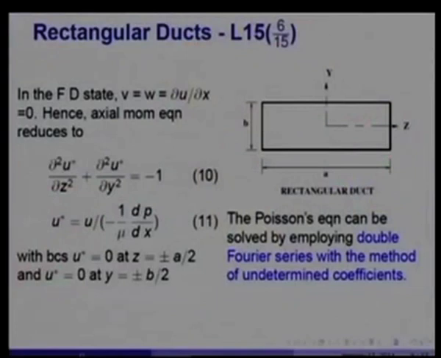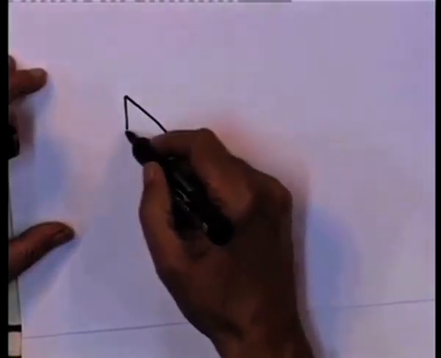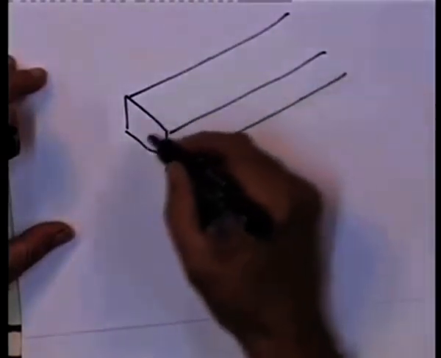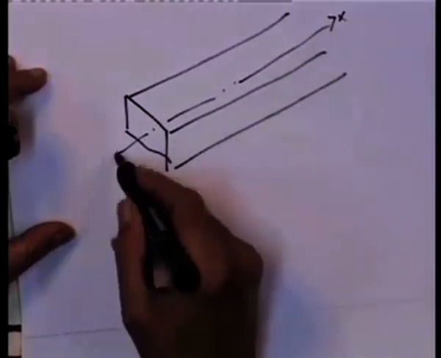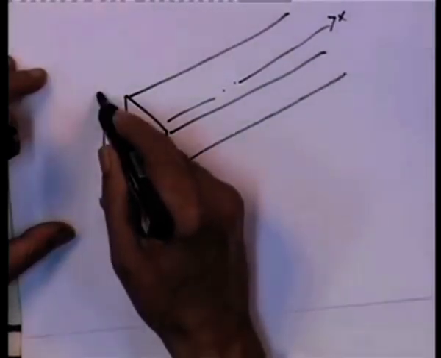Let us now consider a more complicated case, and that is flow in a rectangular duct. Now, in this case, you will appreciate if I have a rectangular duct like so, with this as the symmetry line in x direction, and let us say this direction is z, this direction is y.